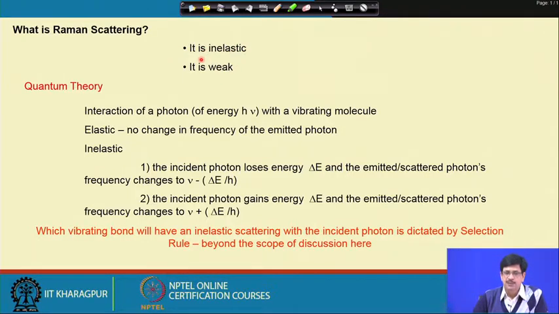But the problem is that it is a weak scattering. The quantum of electromagnetic energy which undergoes inelastic scattering will be something like 10 to the power of minus 6 part of the intensity of the incident electromagnetic energy.